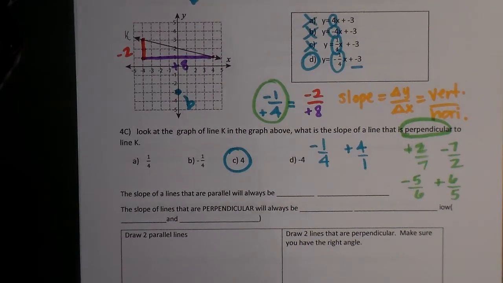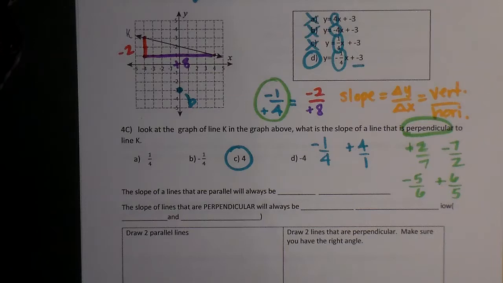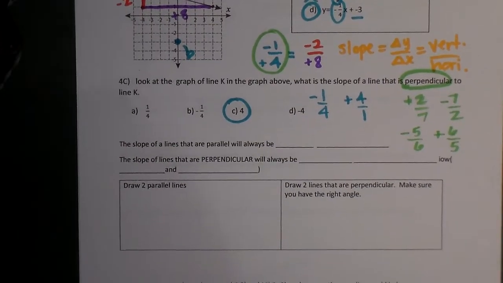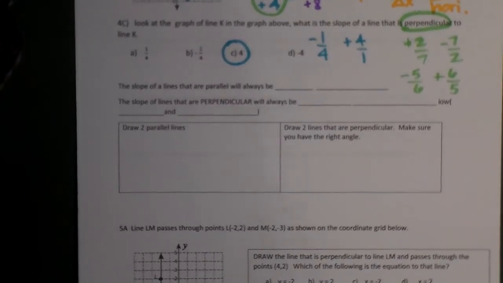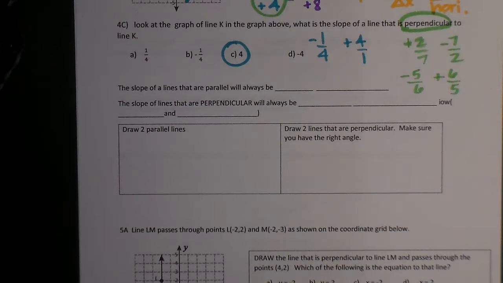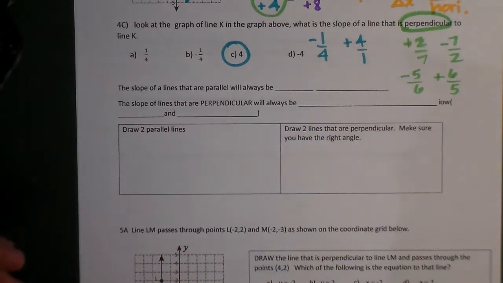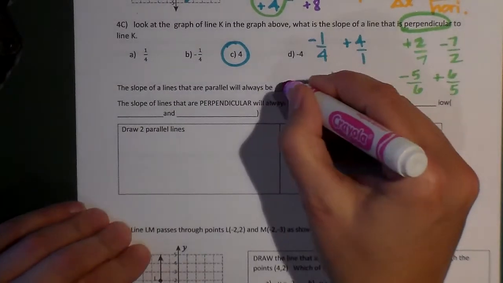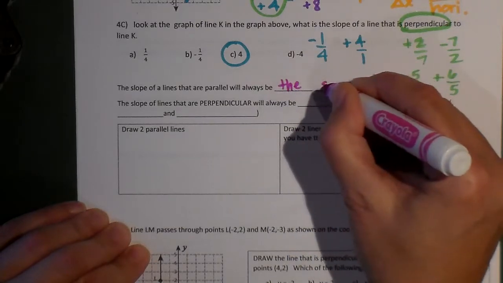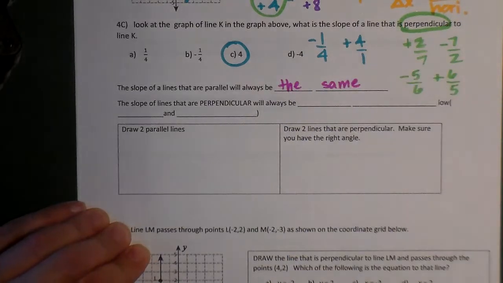And to kind of finish off this section here, we did a couple of examples here on 4C. The slope of lines that are parallel, let's review, always will be the same, okay? So these guys are going to be actually the same. All right?